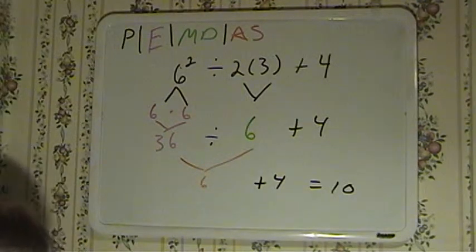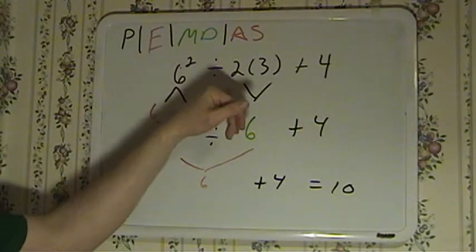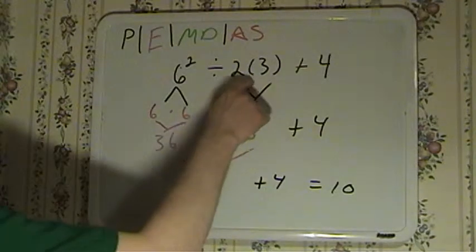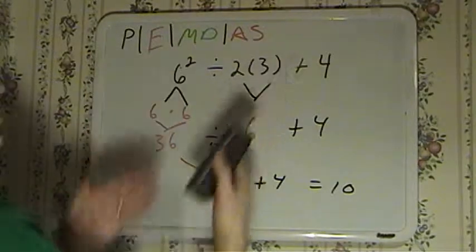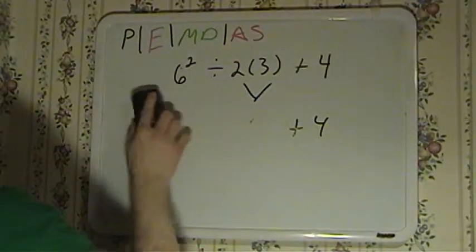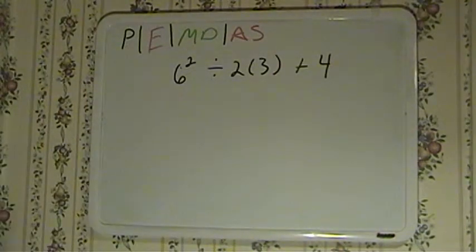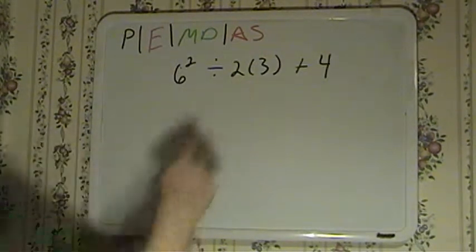Now it is possible to look at this as 6 squared divided by 2 and then multiply that by 3, but that would not be as mathematically correct because of the way this multiplication is written with the parentheses. You'd want to do that as a unit. So even though it's not our expression type of parentheses, it would take precedence over this division symbol because of the way it's written.